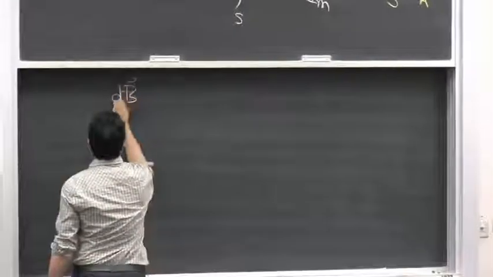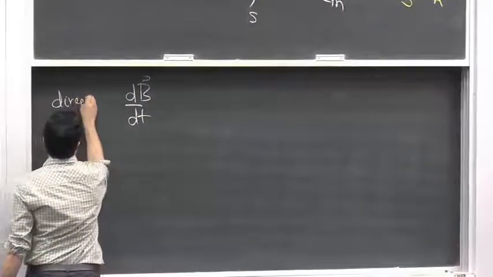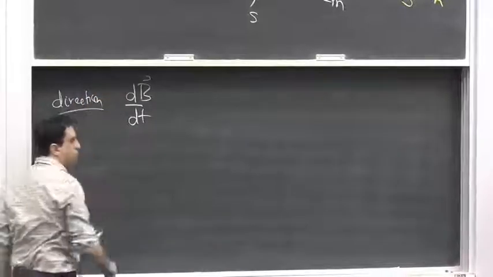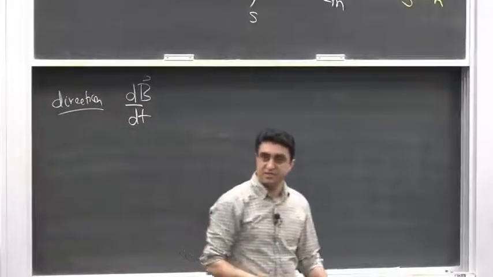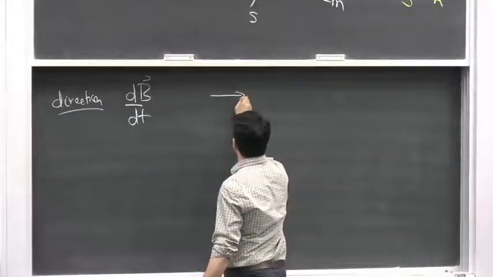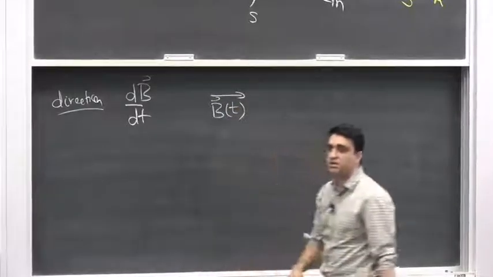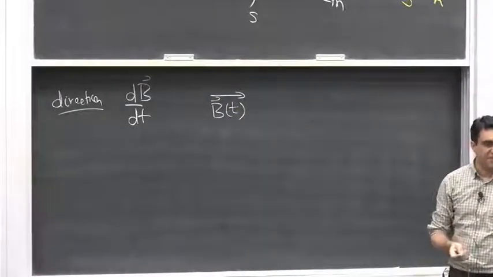The direction, first you have to find the direction of dB by dt. What is the direction of dB by dt? So let's say you have a magnetic field in this direction at time t. But this is a time dependent magnetic field.